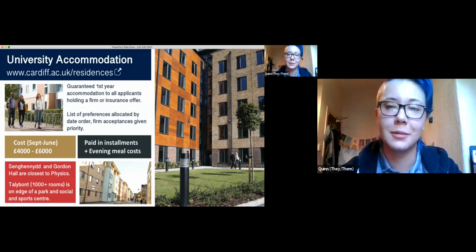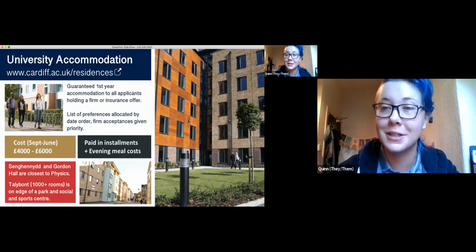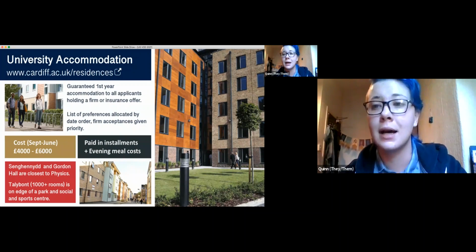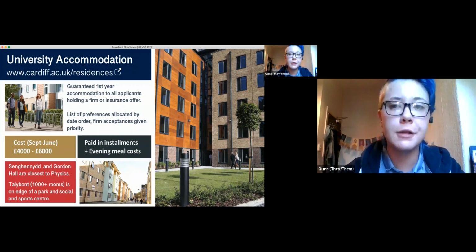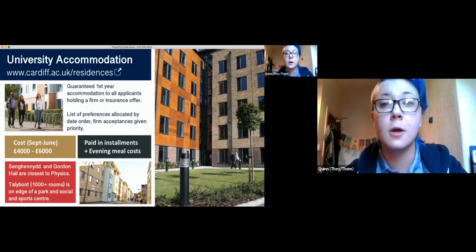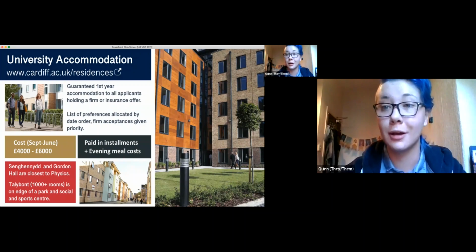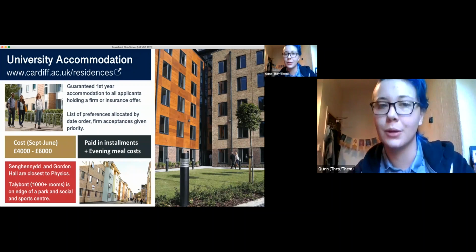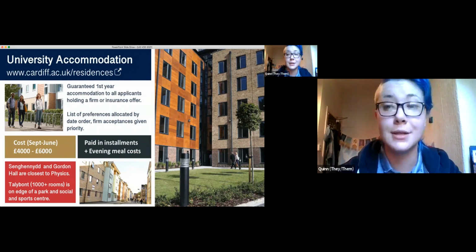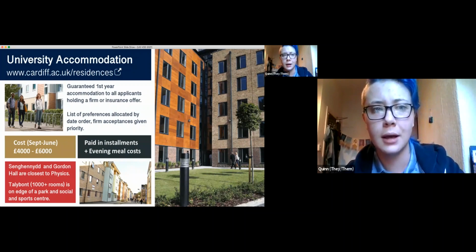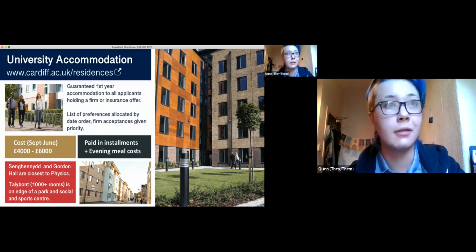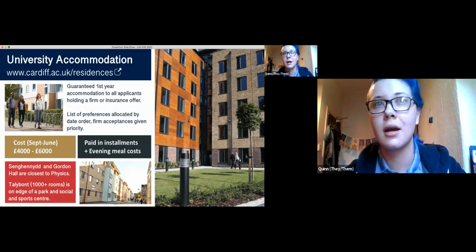It means that you don't have to wake up at the crack of dawn in order to get to your lectures, which is nice. Talybont is a little bit further away, but there's so many people living in Talybont that you can walk in like a group to go to your lectures, so that's not really an issue. They're both very good accommodations.